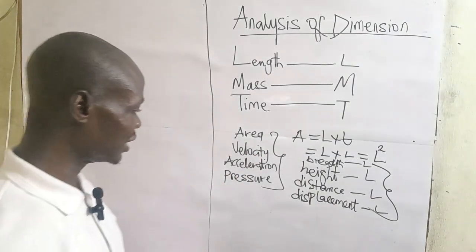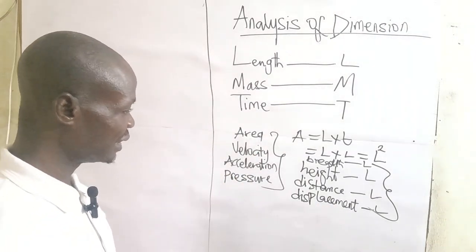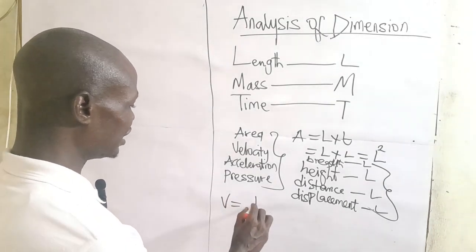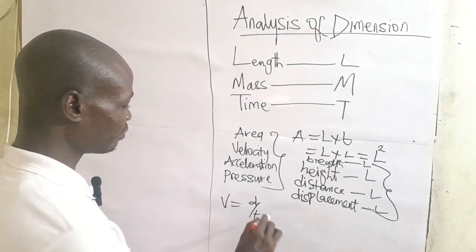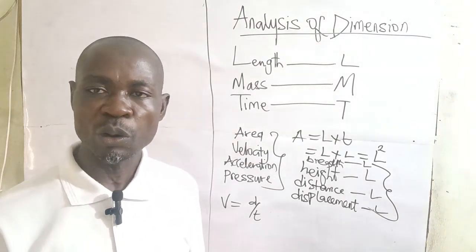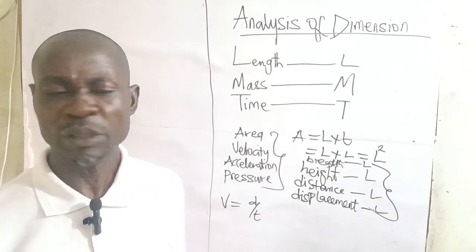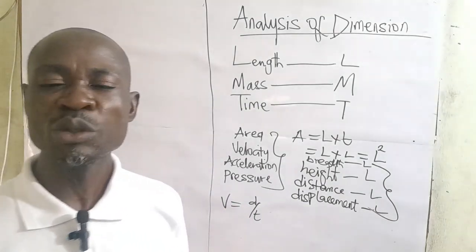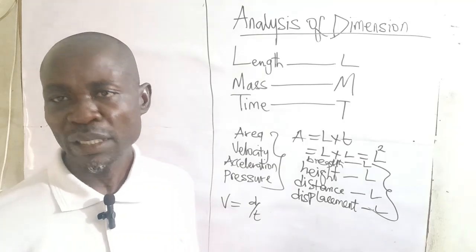Now, coming to velocity, let us analyze velocity and see the dimension of velocity. Velocity is displacement over time. That is why understanding of these derived quantities is very important, because if you can't define what velocity is, there is no way you can analyze it dimensionally.